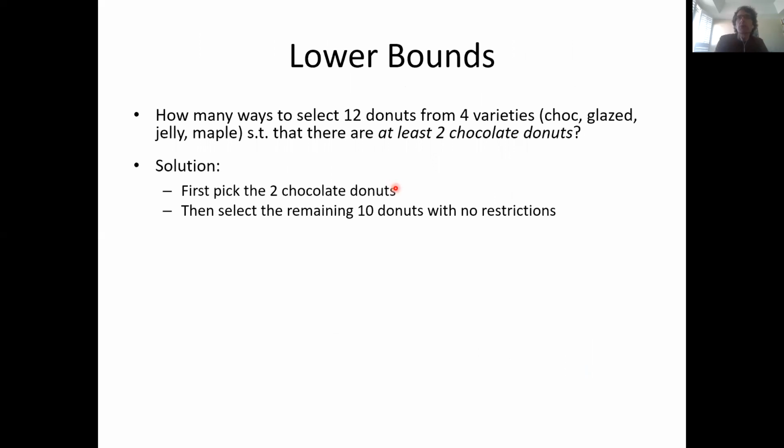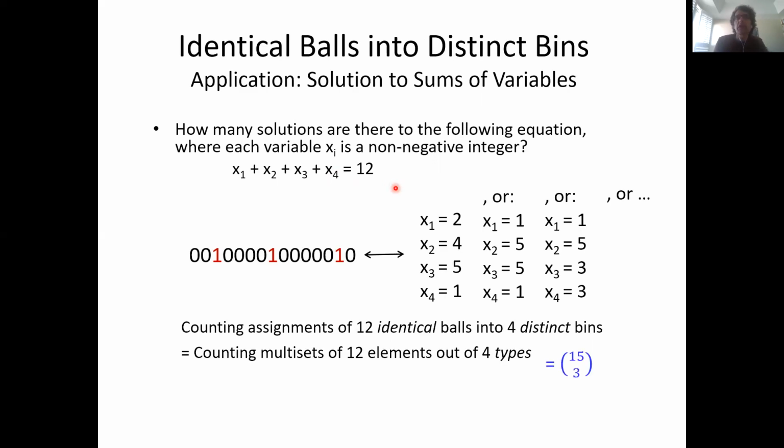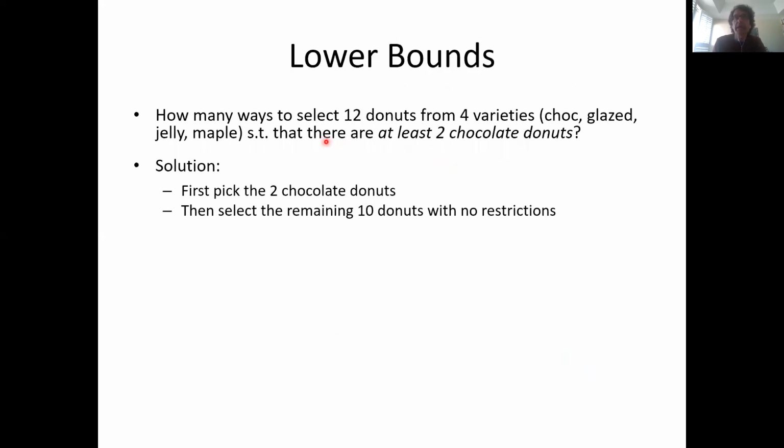So now let's introduce some variants, because here I said that I want these numbers to be non-negative. What if I complicate this, saying that one variant, let's say chocolate, must have at least 2. Well, that variant is really not any harder, because you can consider all choices except that chocolate must be at least 2.